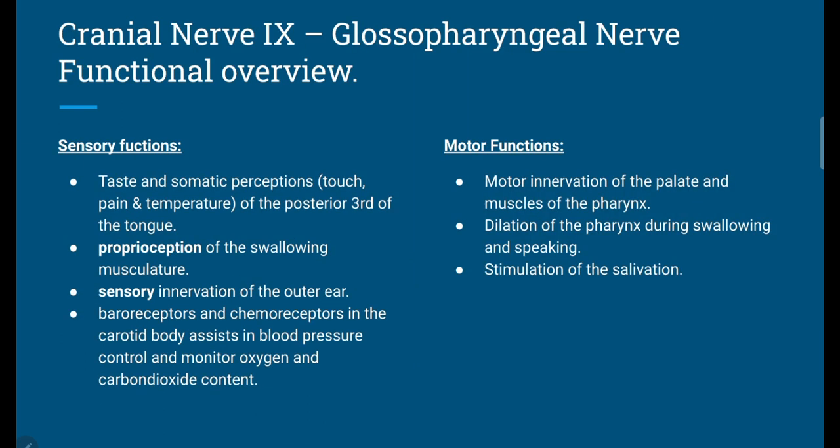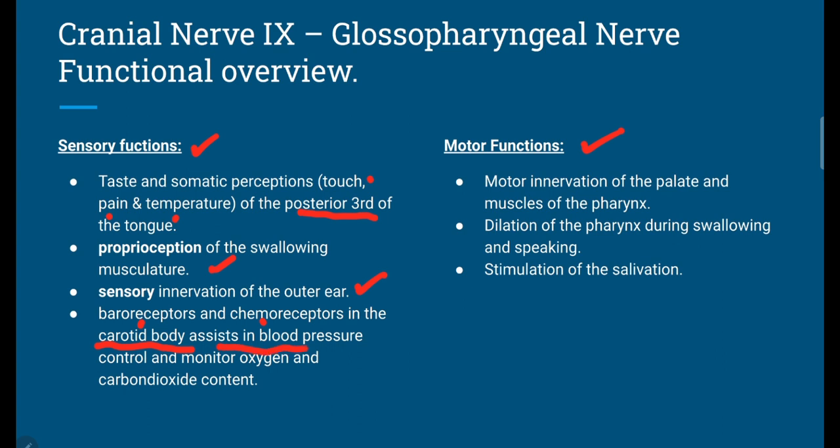There are two basic functional components of the glossopharyngeal nerve. The overview includes the sensory functions and the motor functions. The sensory functions include taste and somatic perceptions, which include the touch, pain, and temperature of the posterior third of the tongue, proprioception of the swallowing musculature, the sensory innervation of the outer ear, and one of the most important functions, the baroreceptors and chemoreceptors in the carotid body.